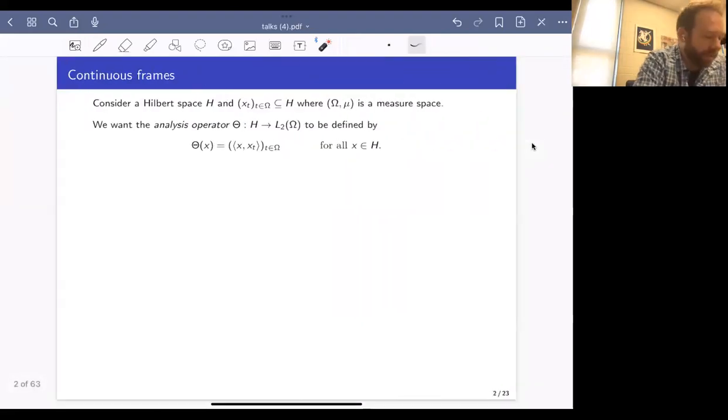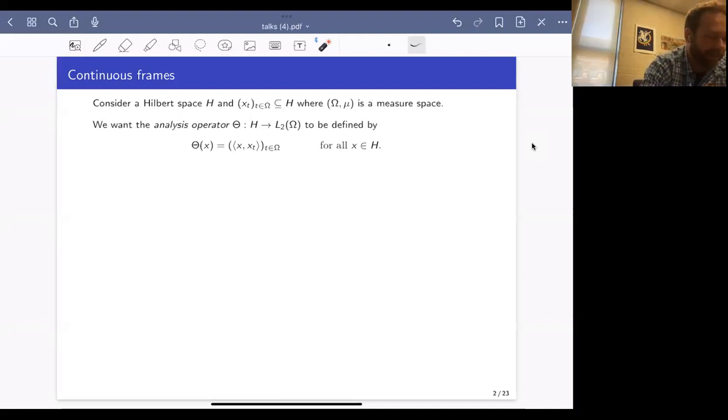Okay, so I'm going to start just with a little bit of motivation in discussing continuous frames. And so we have a Hilbert space and a measurable collection of vectors in the Hilbert space. And I'm going to kind of give the motivation for the definition of a continuous frame.